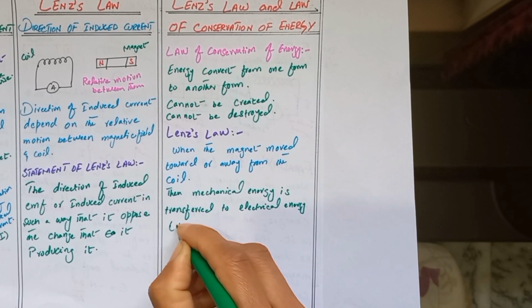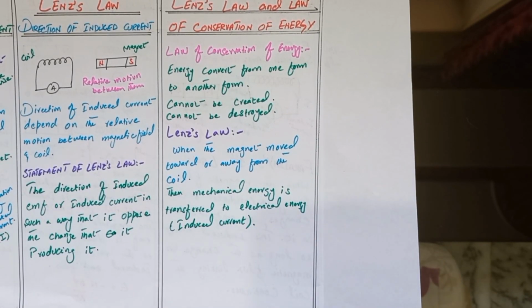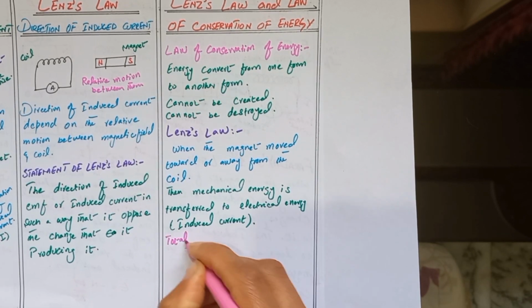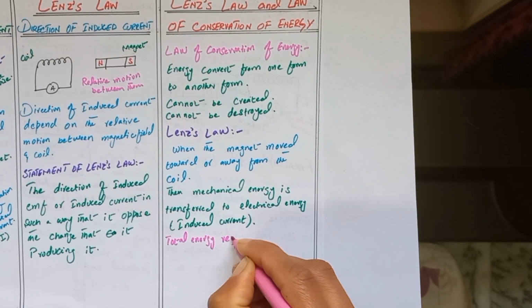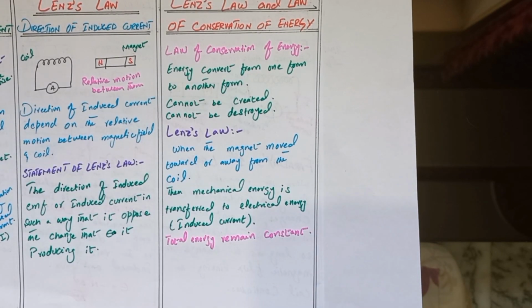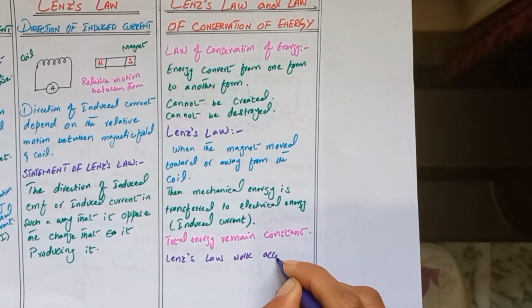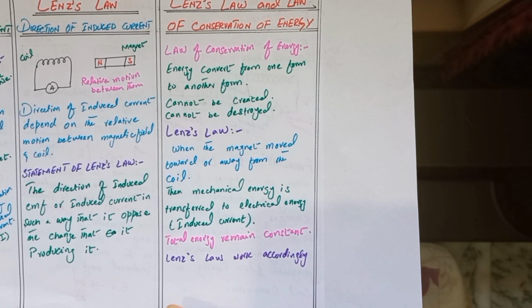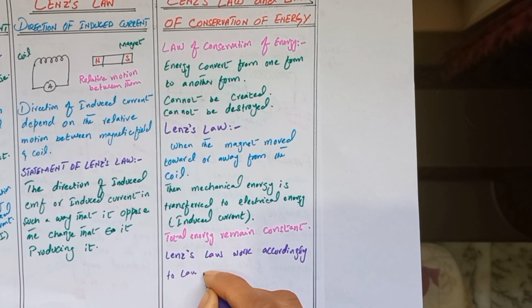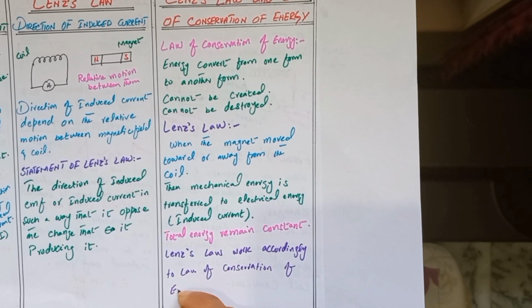That electrical energy is basically the induced current. So the total energy remains constant. So we can say that Lenz law works according to the law of conservation of energy.